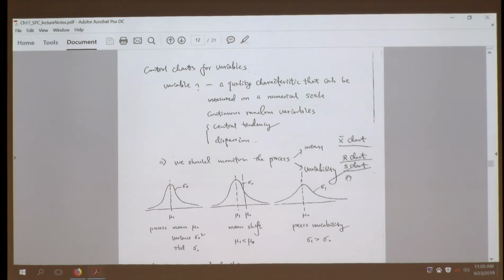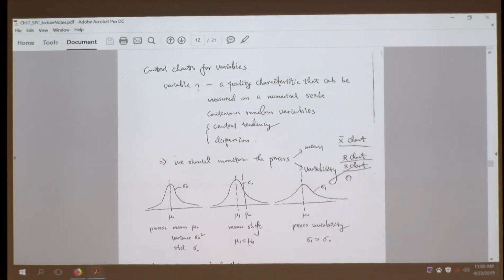If you are monitoring critical characteristics of different samples, we are looking at the deviation. A variable is a quality characteristic that can be measured on a numeric scale, so continuous variables. We have central tendency and dispersion.